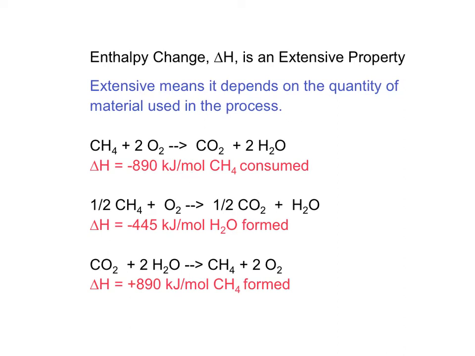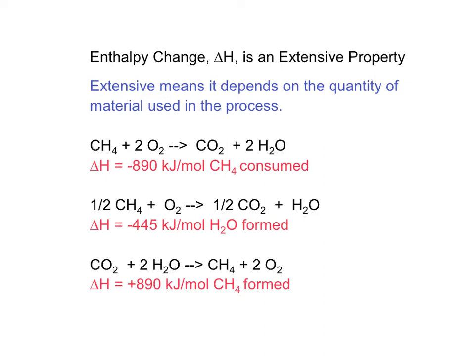So heat's given off during the combustion of methane. And notice this is per mole of methane consumed. We also could say per 2 moles of oxygen consumed, or per mole of CO2 formed, or per 2 moles of water formed. But I happen to write it that way.